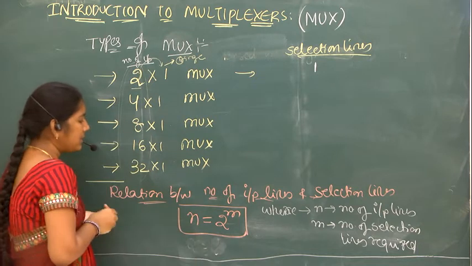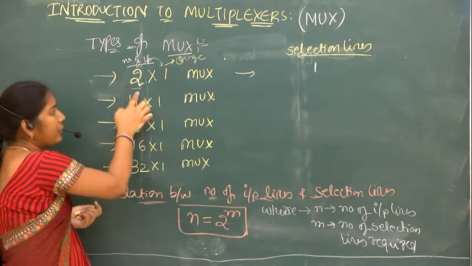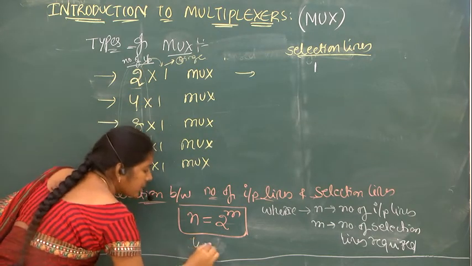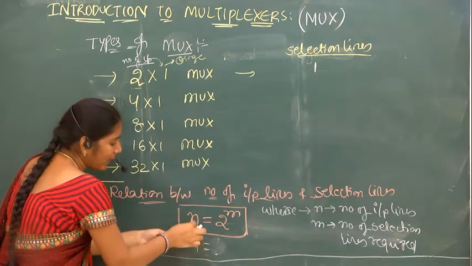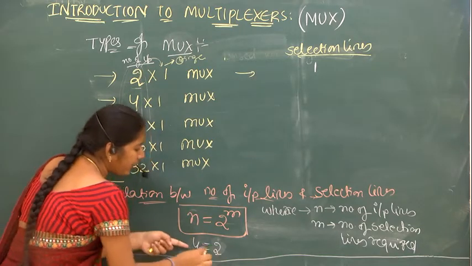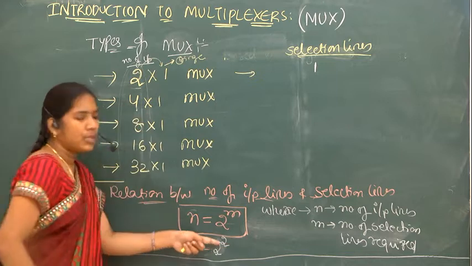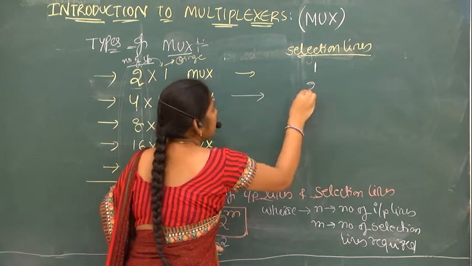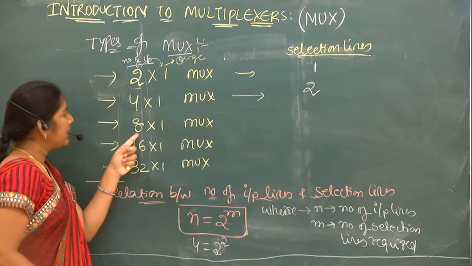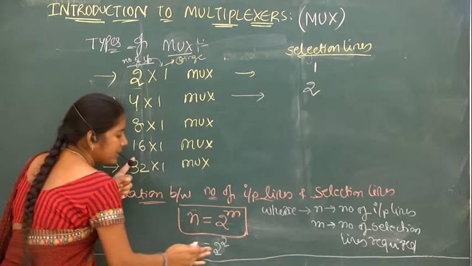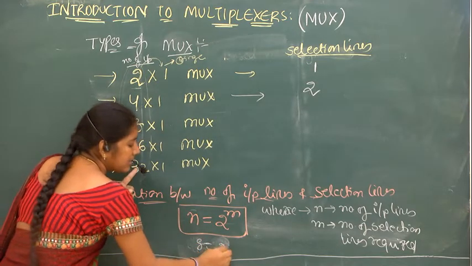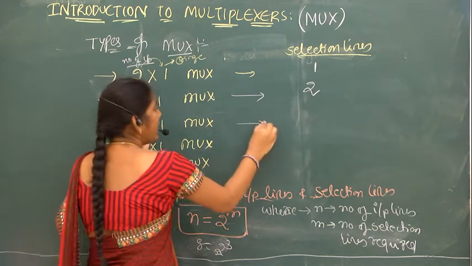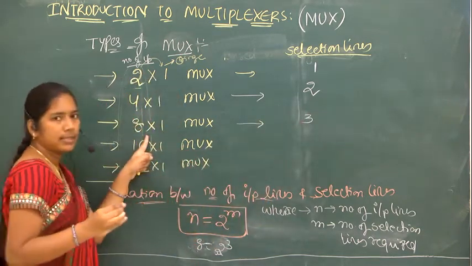For the next case, if the input lines are 4, to satisfy this n value, we can write 4 as 2 square, right? So then m is 2. Similarly, 8 we can write as 2 cube, so for this case the m value is 3, nothing but selection lines are 3.